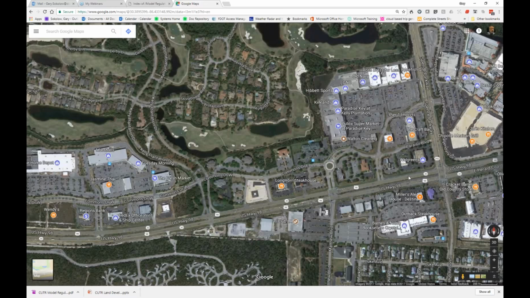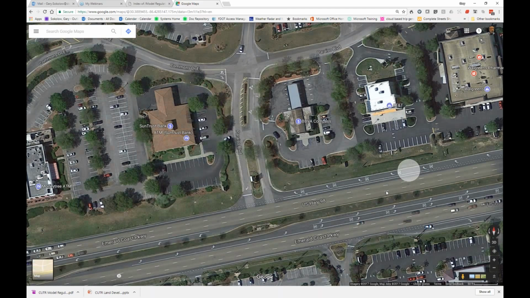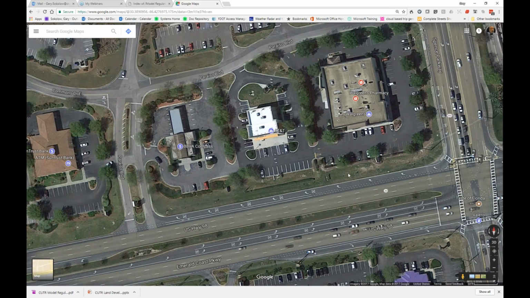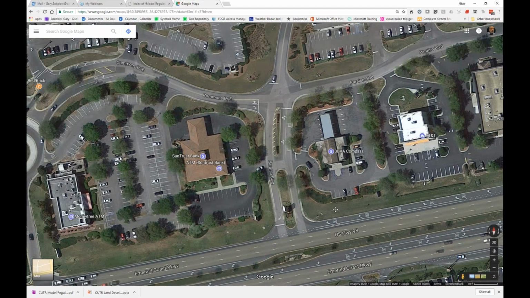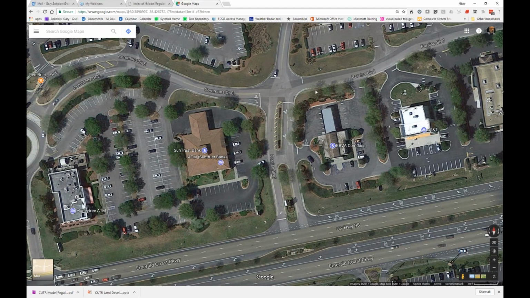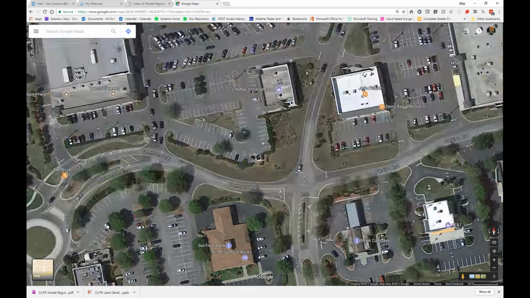Matter of fact, I'm going to go up close here, and you'll see since the county did put this in soon enough, there are no driveways here. The driveway that they built originally is the one right here, which is not really a driveway, but it was a county road built to county standards.